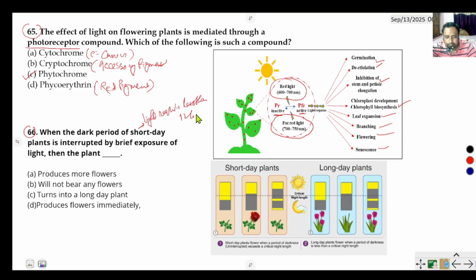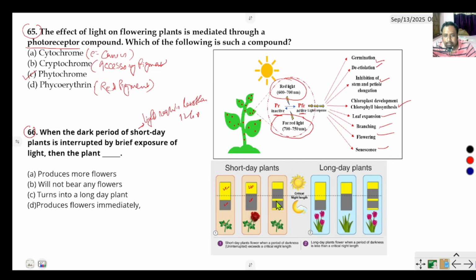Short day plant means the day length is short and night is long. If the day length is increased but the night or dark period is reduced, then no flowering occurs. When the light period is reduced and the dark period is more, then flowering occurs.